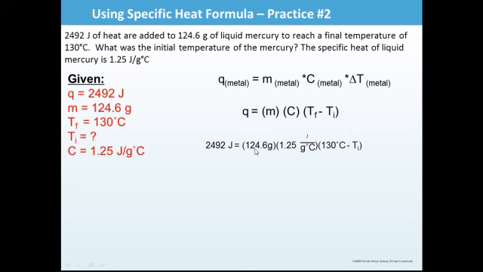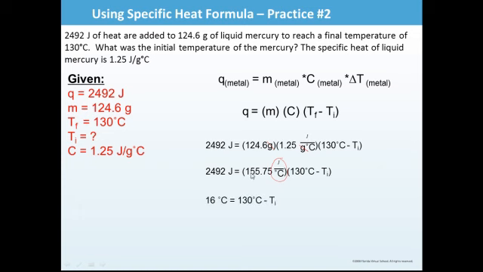The way that I like to do this is I'm going to go ahead and multiply these first two numbers. So 124.6 times 1.25 gives me 155.75. Notice that my grams will cancel, therefore the unit of that is going to be joules per degree Celsius, because that's the only thing that has not canceled for those two.